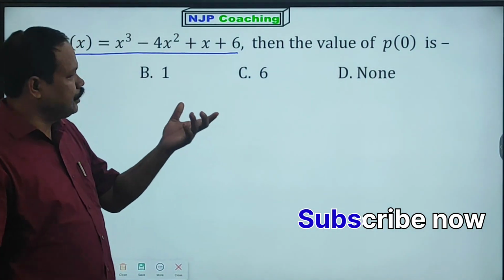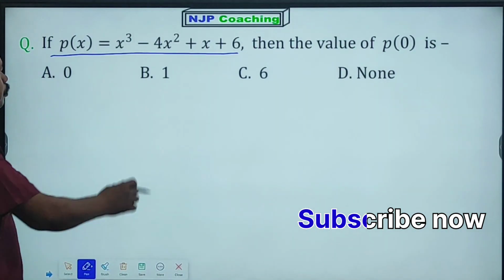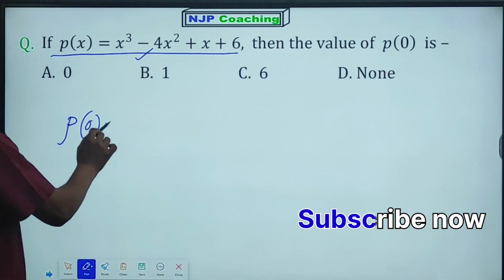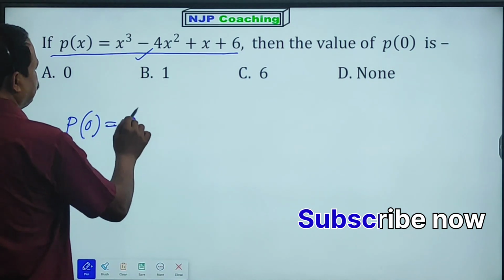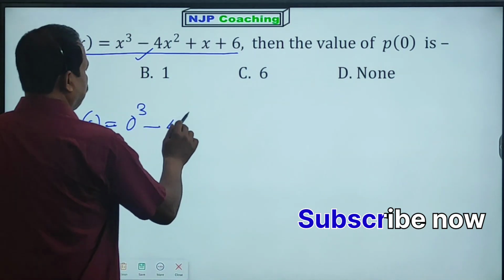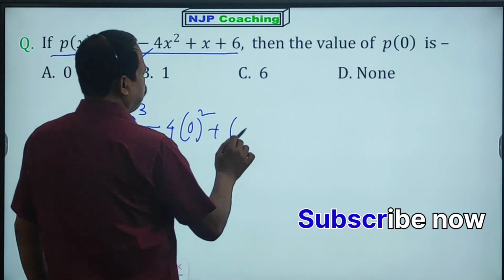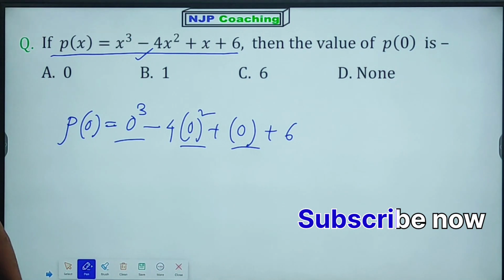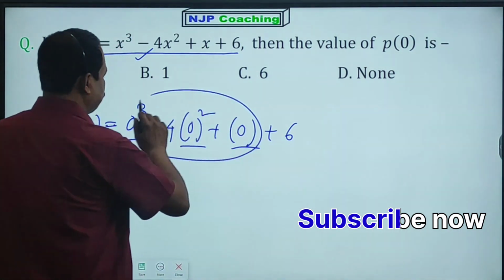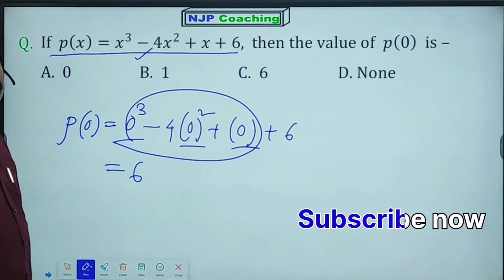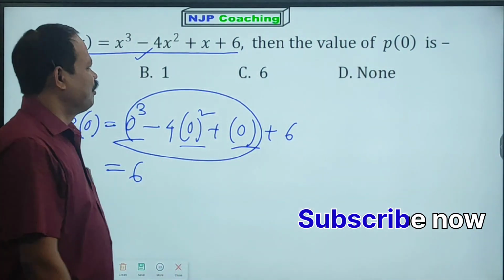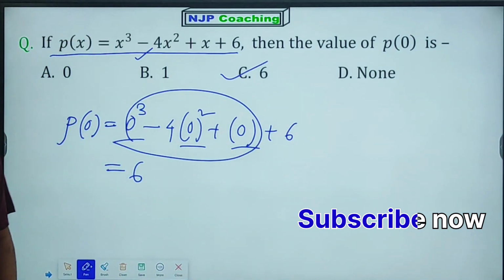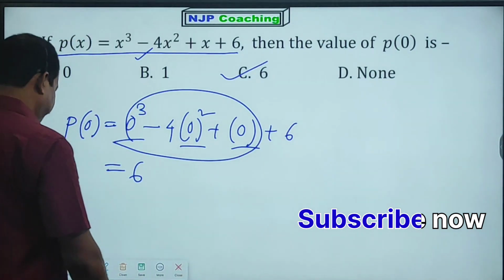We can find directly P(0). That means x cube means 0 cube, 4x square means 4 into 0 square, plus x plus 6. We put x equals 0 and these all become 0. So what is the answer? 6 is the right answer. So option C will give the answer.